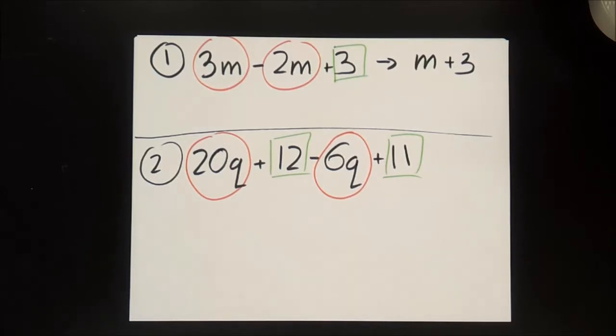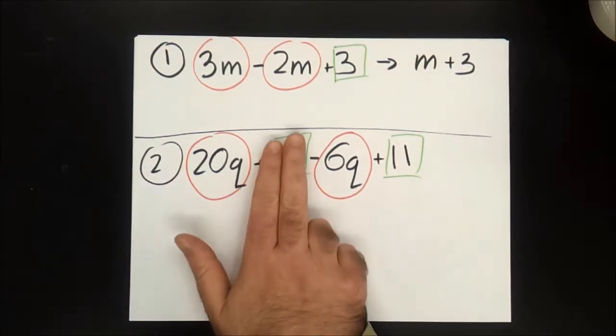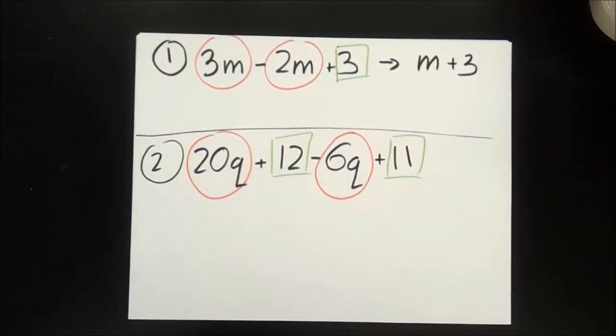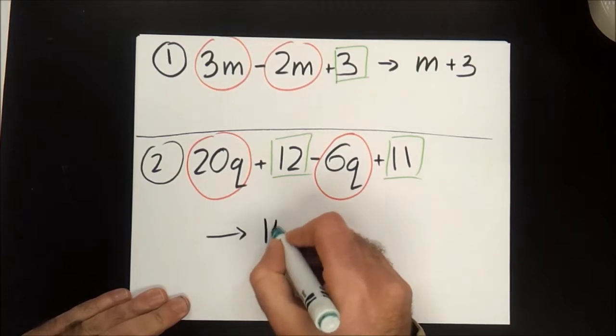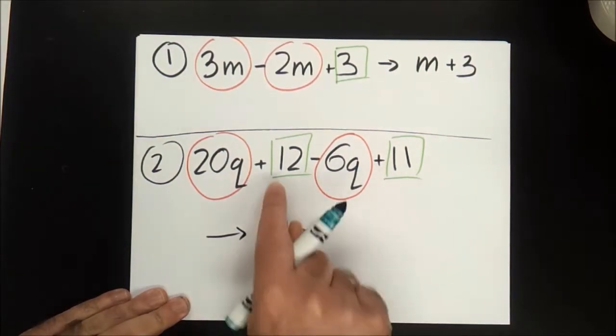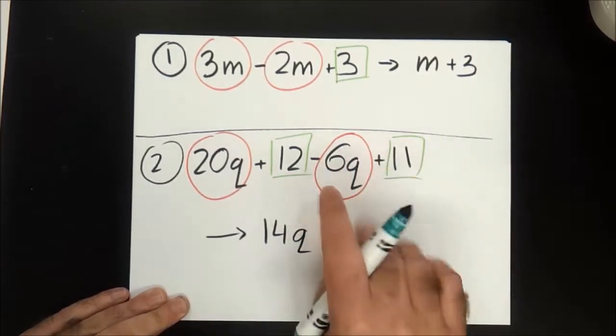So just like before, we're going to combine our like terms, and 20q take away 6q, so we pretend that 12 is not there. So 20q minus 6q, that gives us 14q. And 12 plus 11, this minus belongs to the q term, so we ignore it.